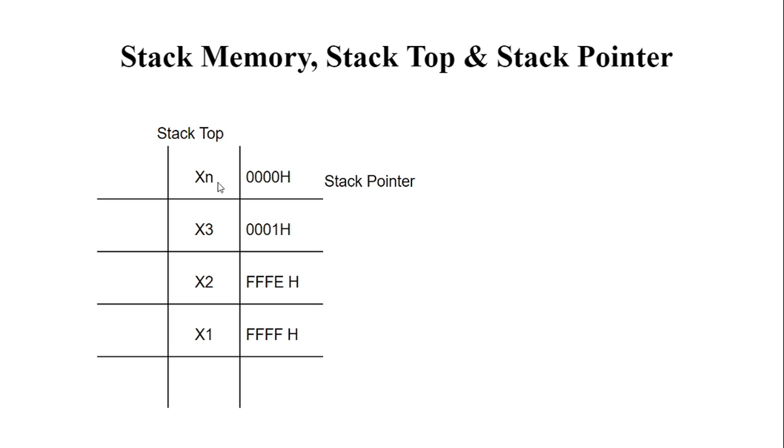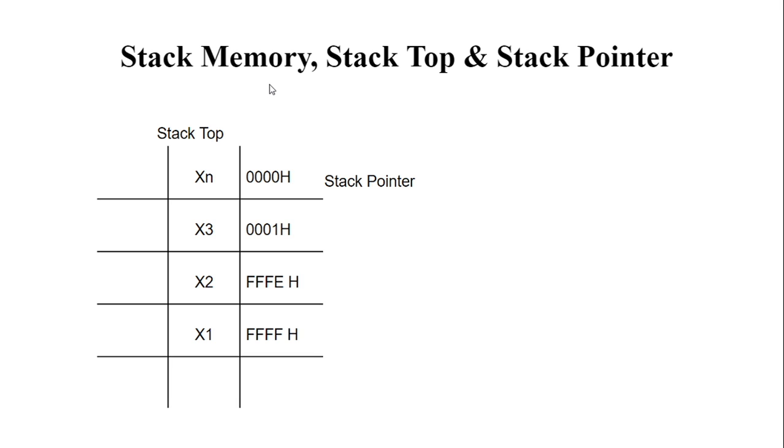And what is meant by stack pointer? जो लास्ट मेमोरी लोकेशन में हमने जो लास्ट कंटेंट डाला है उसका एड्रेस, the content of that address memory location address that is 0000H is available in the stack pointer. Means memory location address is available in the stack pointer, while the content of that memory location is called the stack top. So are you getting what is meant by stack memory, stack top and stack pointer?